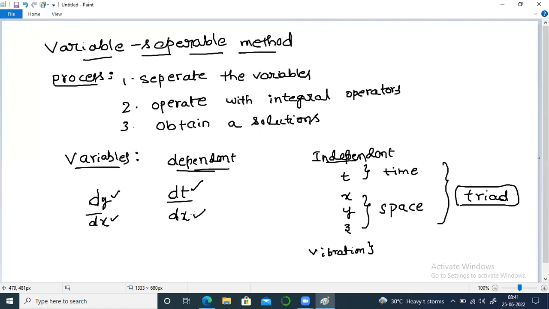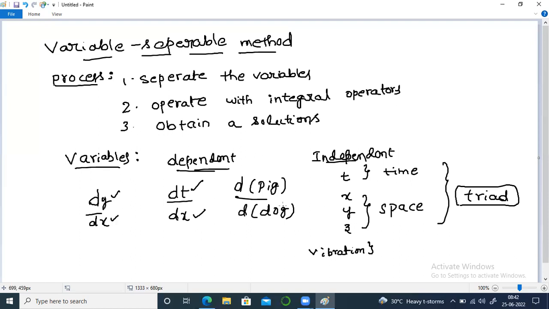Even if I say d of pig by d of dog, forget what pig and dog are; here pig is the dependent variable, which depends on dog, the independent variable. Pig is a function of dog. This is what mathematics is.